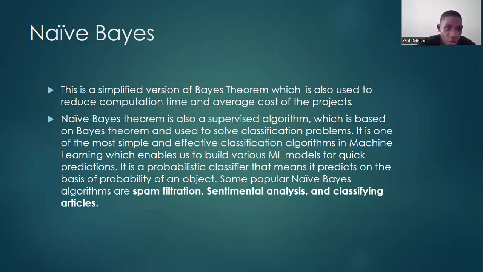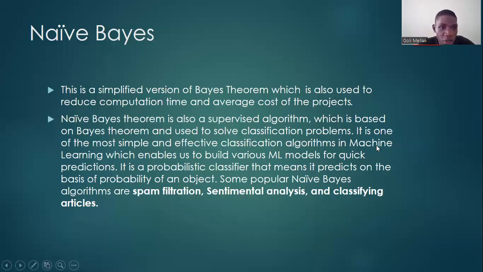All the steps that you have to follow in the Bayesian method are reduced in naive Bayes. That's why it is a simplified version of Bayes' theorem, which is also used to reduce the computation time and average cost of projects.